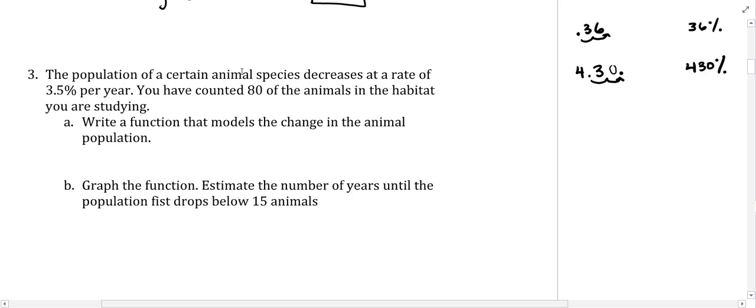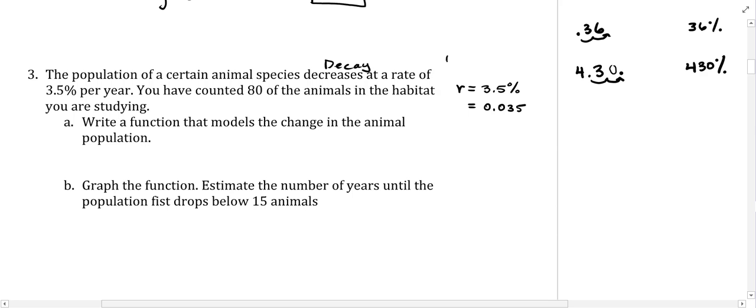The population of a certain animal species decreases, so we know this is a decay function, at a rate of 3.5% per year. So we know that r equals 3.5%, or if we move the decimal twice to the left, it's 0.035, right? 1, 2, with one single placeholder.